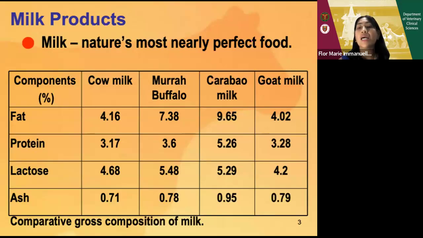So it means that the Carabao's milk would tend to taste fuller, because of the higher percentage of fat. And then we go to the goat's milk, which is quite similar to that of the fat of the cow's milk. Next important component is the protein, and the cow's milk is at 3.17%.